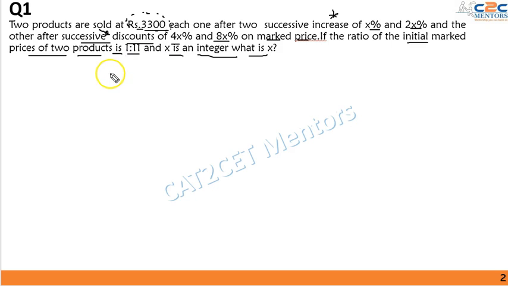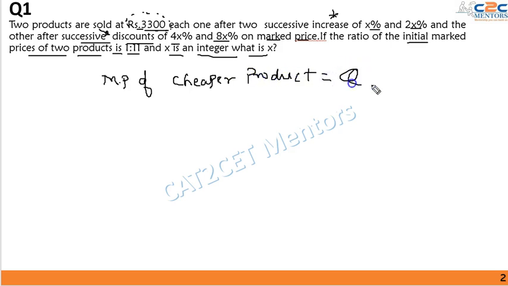So let us assume that the mark price of the cheaper product is equal to Q, and therefore the mark price of the costlier product is equal to 11Q, because we are given that the ratio is 1:11.